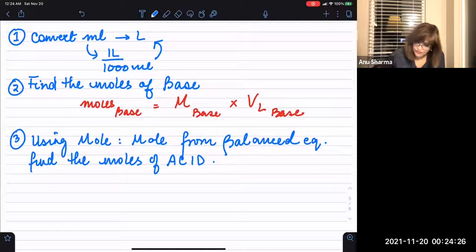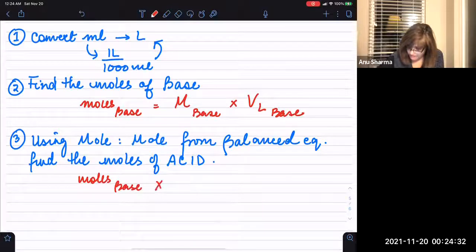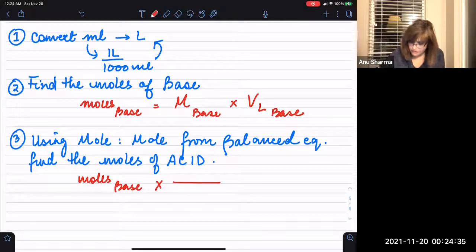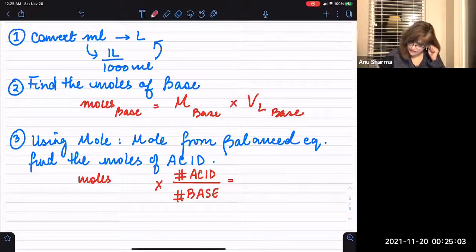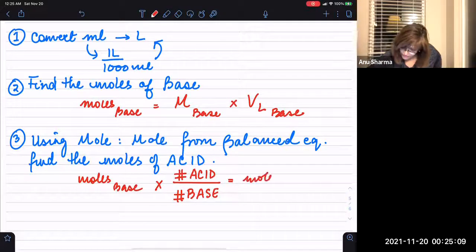Okay, so we have the moles of base times whatever the mole to mole ratio, the acid from the equation and the base from the equation, whatever the coefficients are from the reaction. Wait, no, this is the moles of base, and this is going to give you the moles of acid.